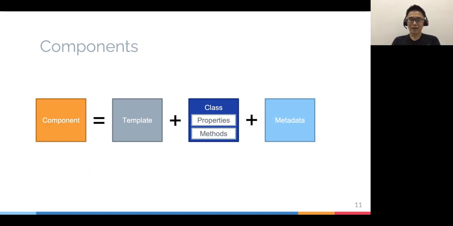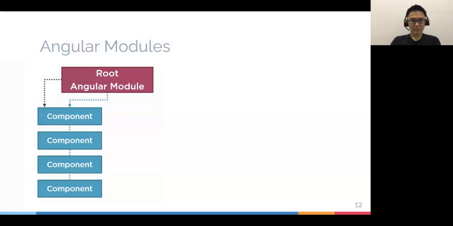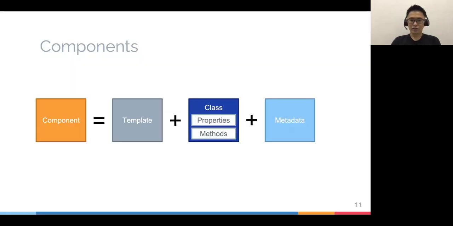Metadata is a decorator in TypeScript. We use it to describe the component's behavior. Later on I'll show you the file structure and everything. For now, you just need to know Angular is built up of many components.